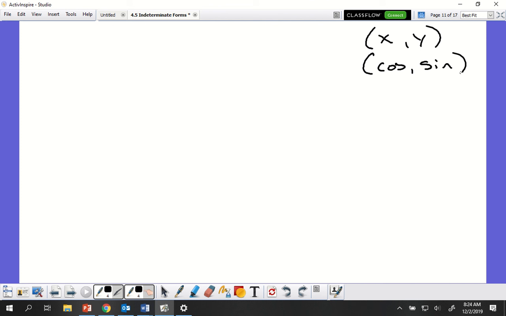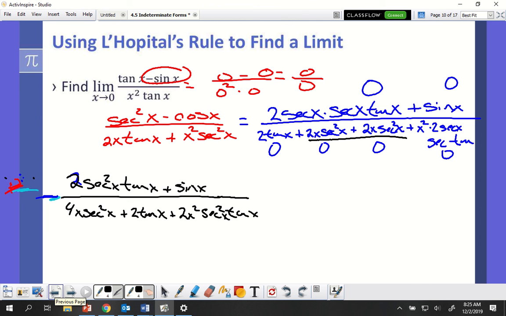In this case, I'm going to say that x, which is one of my variables, I'm going to call that 1 theta, because I don't want to mess it up. And it's going to make the trig identity so much easier. All the trig identities turn into algebra. You can manipulate algebra. So if I start off with my problem, which is 2 secant squared, right? Actually, let's go back to the top and start from there.